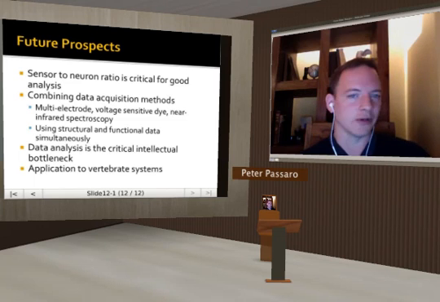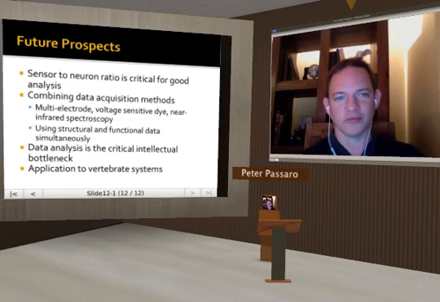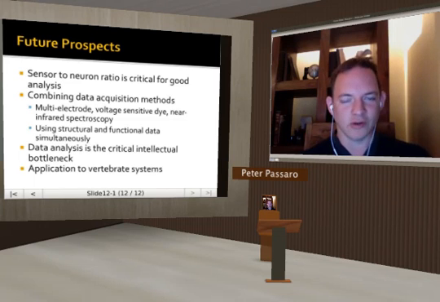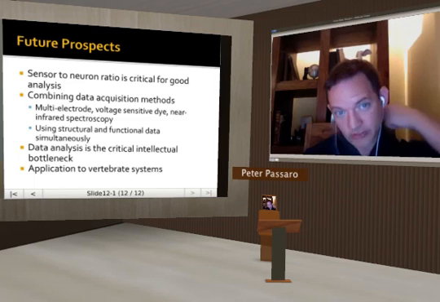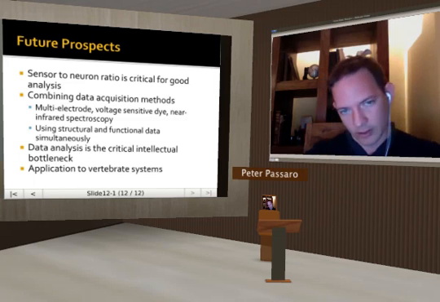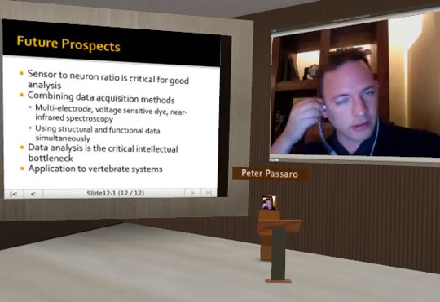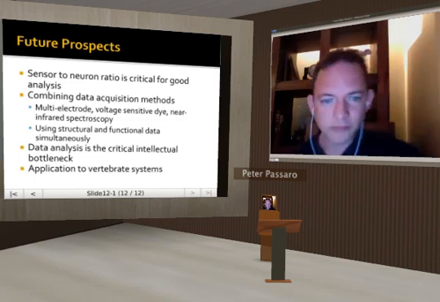I could be looking at time series, at voltage streams, coming from voltage sensor dyes or from multi-electrodes, or fMRI voxel data or EEG records. It's all just time series data, and looking at the connectivity between that time series data and seeing how dynamical patterns emerge from either neurons or parts of brains that are connected to each other.